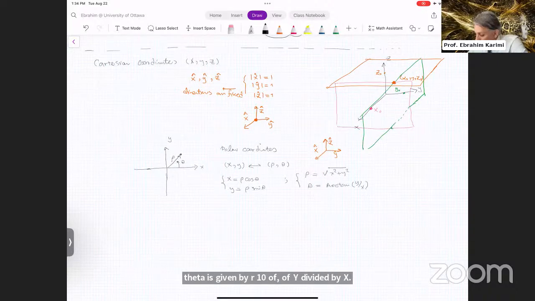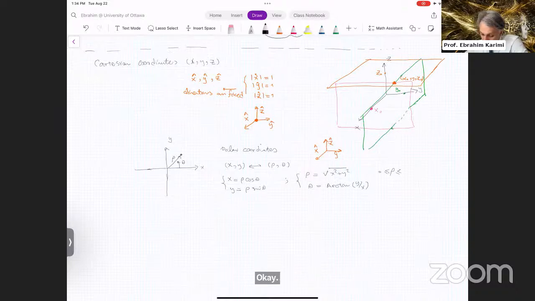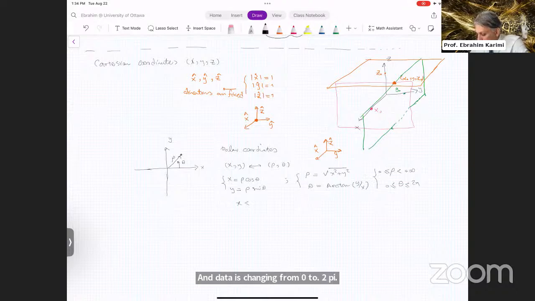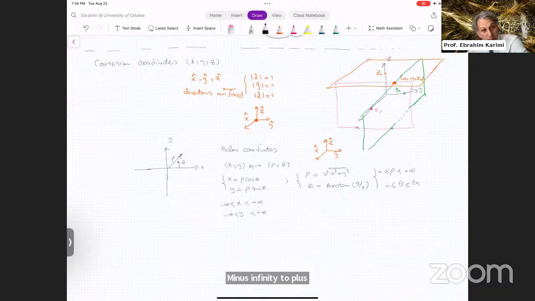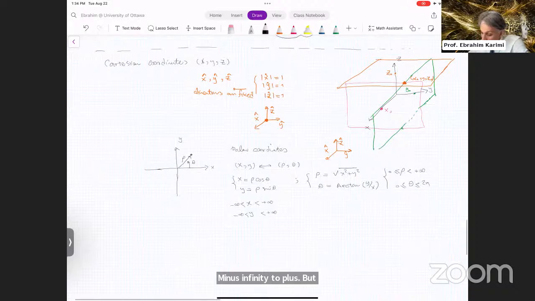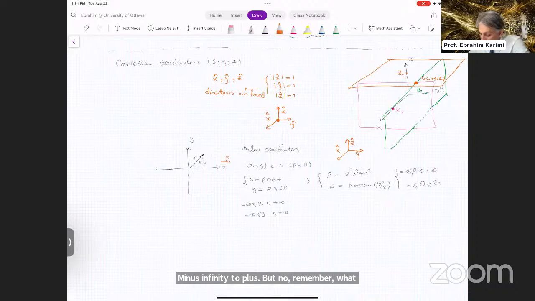Okay, rho is changing from 0 to infinity, and theta is changing from 0 to 2 pi. And here x is changing from minus infinity to plus infinity, and y is changing from minus infinity to plus infinity.